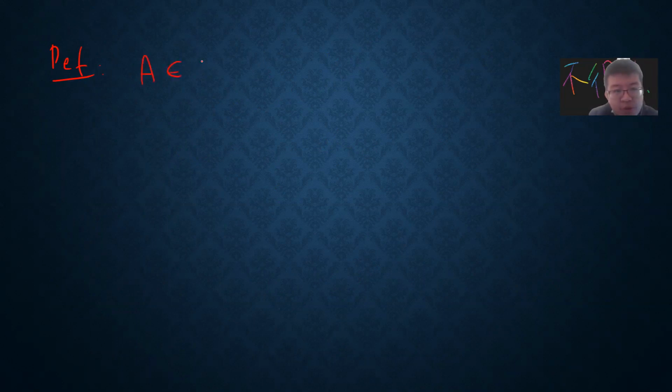Suppose somebody gives you A belonging to L(Rn, Rm). Then you can define the norm of A. The norm of A is defined to be the sup over all Ax, where Ax becomes an m-dimensional vector.